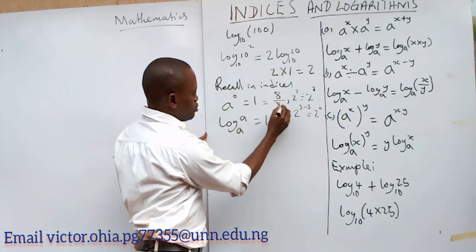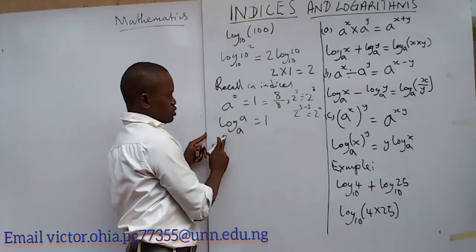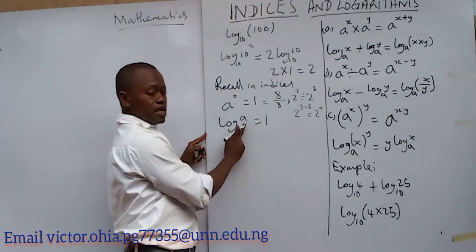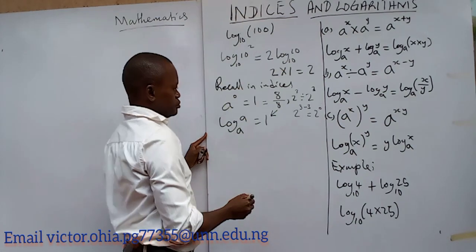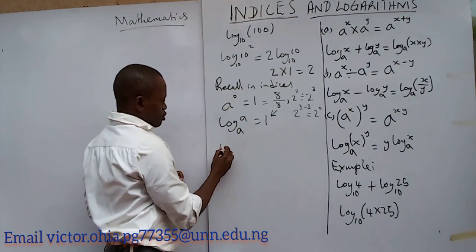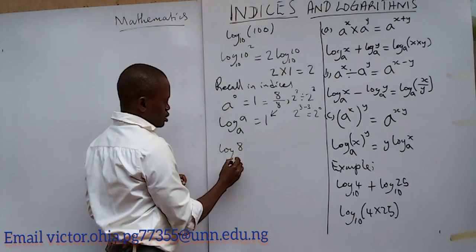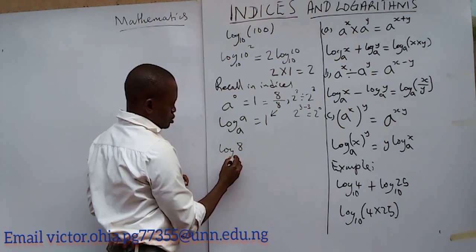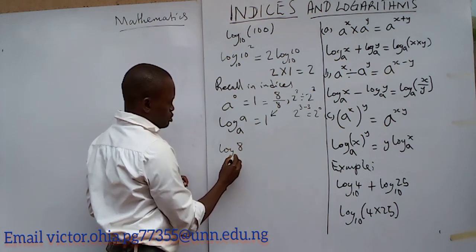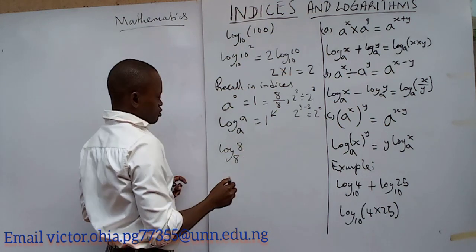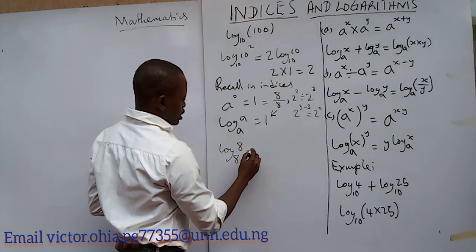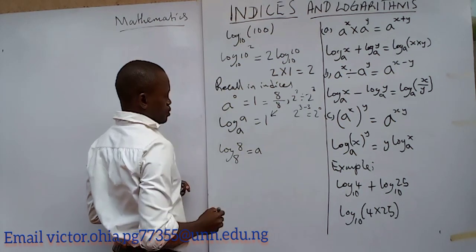So let's come out of here now. Log is now saying the logarithm of a base a is 1. Let's connect. If I have log 8 in base 8, and I am looking for an answer for it, can I say let that answer be a?